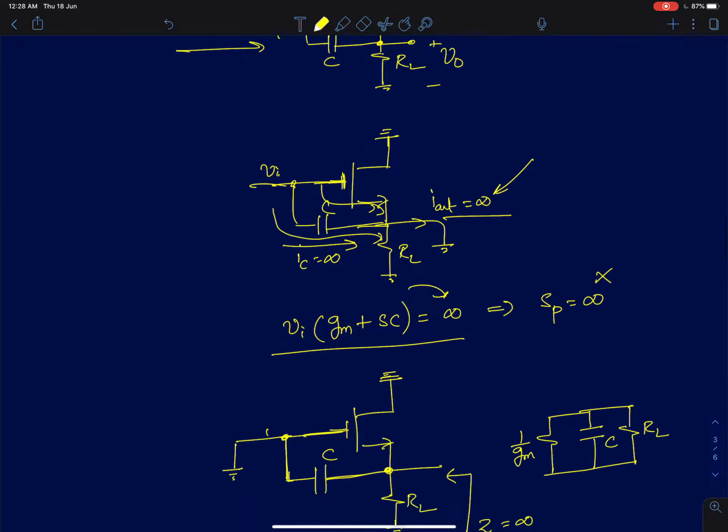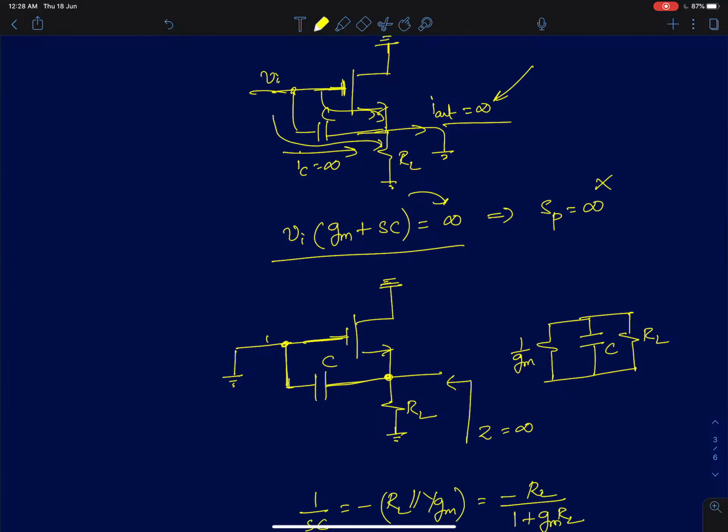The other condition is ZL parallel Z out becoming equal to infinity, so the net impedance seen at the source terminal becoming equal to infinity. I can define the overall impedance seen at the source terminal as simply 1 by Gm in parallel with RL in parallel with the capacitor C. Right now I've ignored R0 here. Even if you assume R0, it's going to come in parallel with this, so you'll have an extra R0 in parallel.